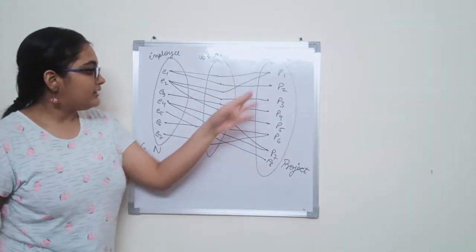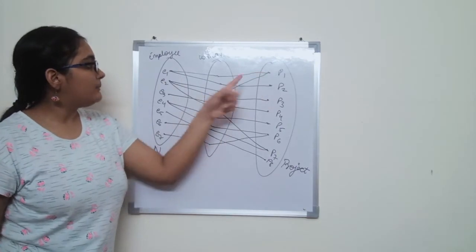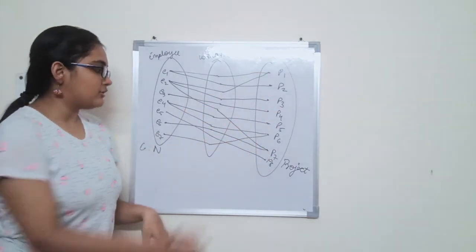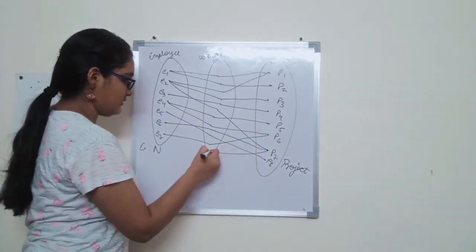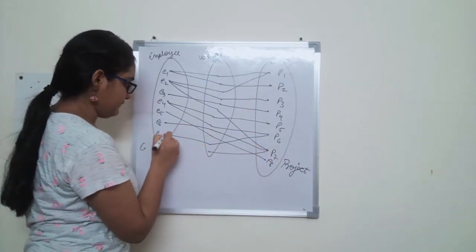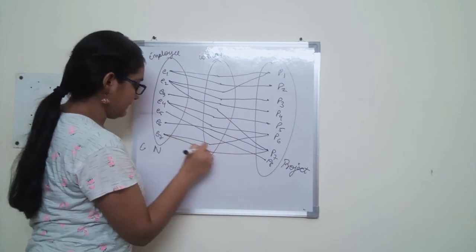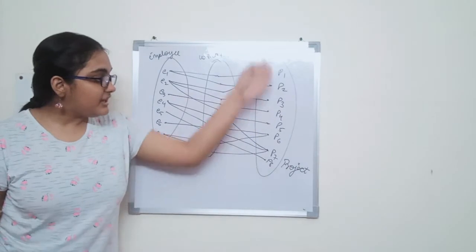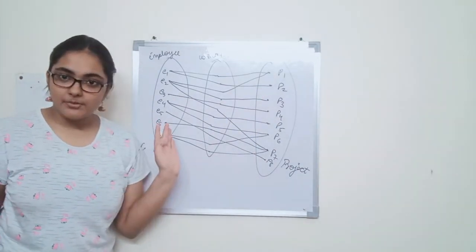Also, this project is worked upon by 2 employees. This project is also worked upon by 2. This is also 2. Let us say it is worked by 3 employees. Okay. This project is worked upon by 3 employees. So every project can be worked upon by any number of employees.